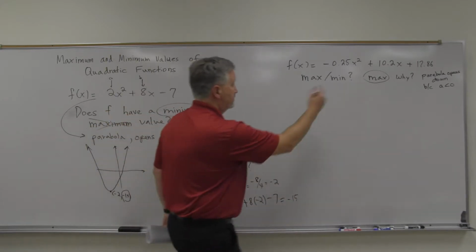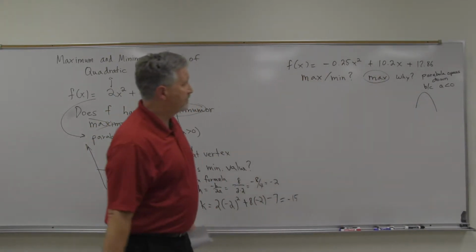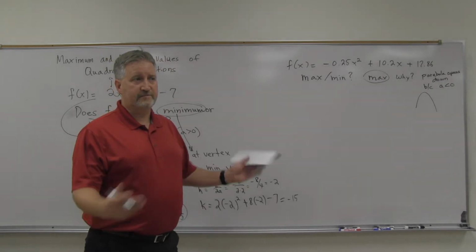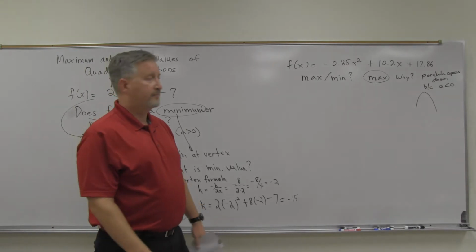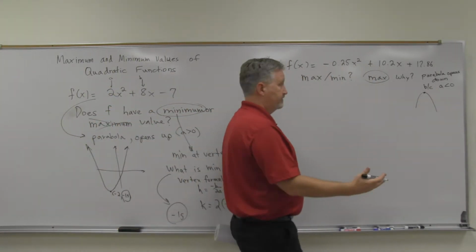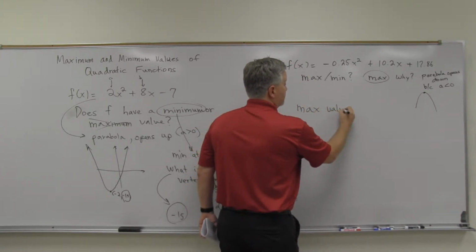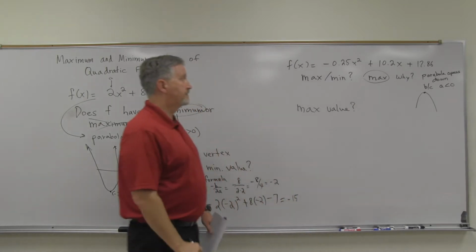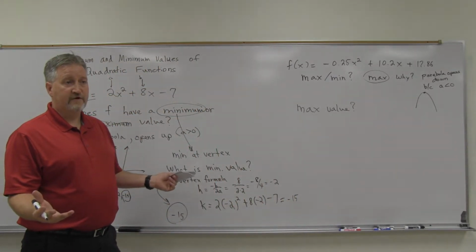And so, you don't really have to sketch it, but just kind of draw one there. It's going to look something like that, because it's a parabola that opens down. Wherever that parabola is, it opens down. And so, yeah, this point here is going to be a maximum point. And so what is the maximum value of that function? Well, it's, again, at the vertex, right?